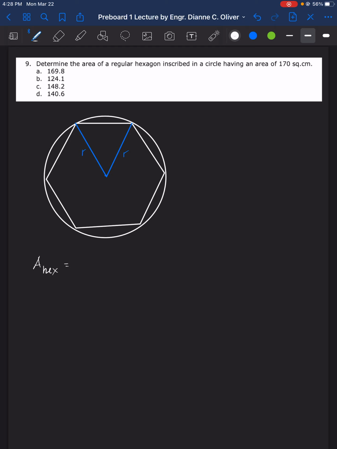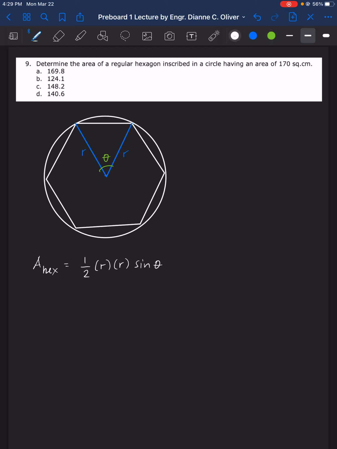Area of the hexagon is equal to the area, which is 1/2 of the two sides. The two sides are R and R, or R squared, then sine of theta of the adjacent side. So we have here theta.